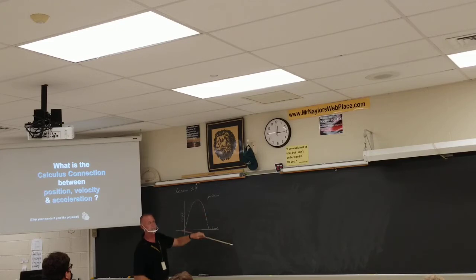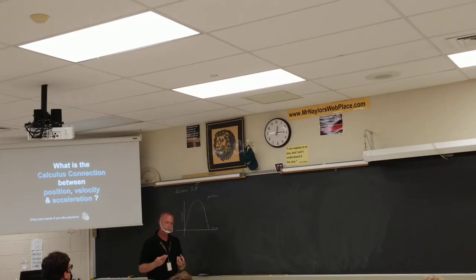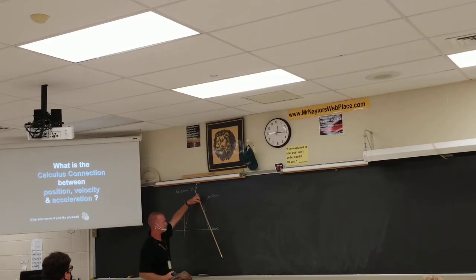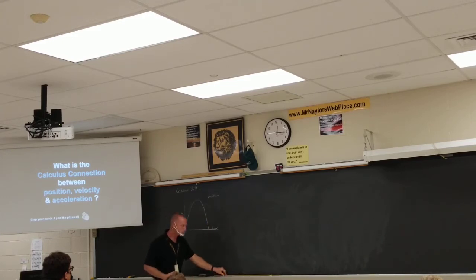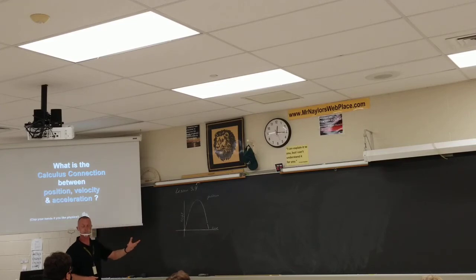And so, especially to my physics kids, but for all of you, when you think about an object's velocity coming back to you, we know that that's called negative velocity. Just like this slope is negative when we're at the end of the motion. All I'm simply trying to show you is that the things that you know about velocity are also true about the slope of this graph, because they're the same.